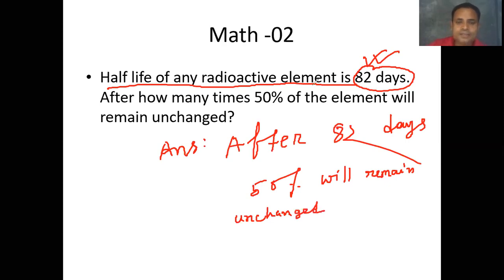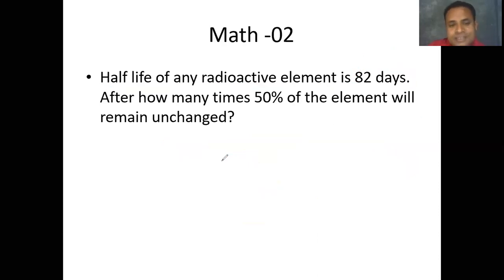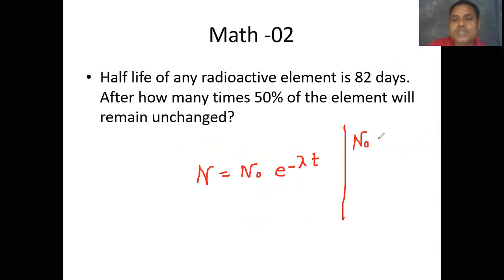You can also solve this mathematical problem using this formula: N equals N naught e to the power minus lambda t. Here N naught is the initial amount of the element, and N is the present amount.